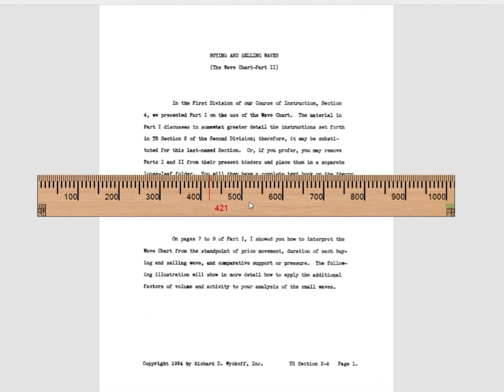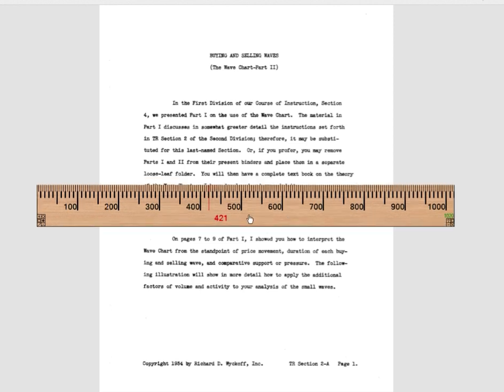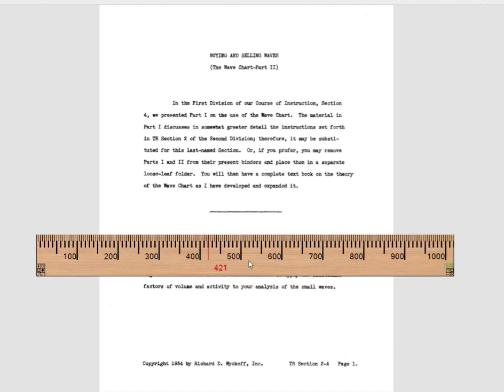All he's saying is, this is Division 2, so there's a Division 1 which is swing trading, and Division 2 is day trading. Division 1 actually has a chapter on the wave chart. So he's just referring to it and saying, hey, you could take a look at it if you want.